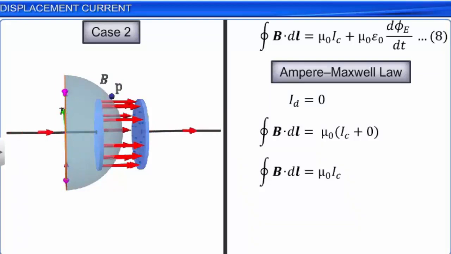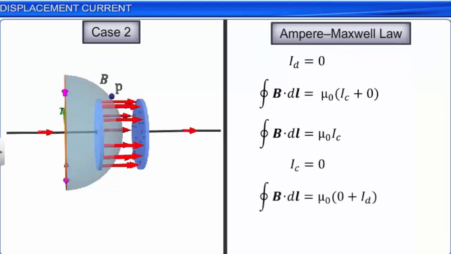Even though there is no conduction current at the point P inside the capacitor, there is a magnetic field due to the displacement current, which is due to the time-dependent electric fields. Hence, the change in electric field with time can produce a magnetic field, and the change in magnetic field with time induces an electric field.